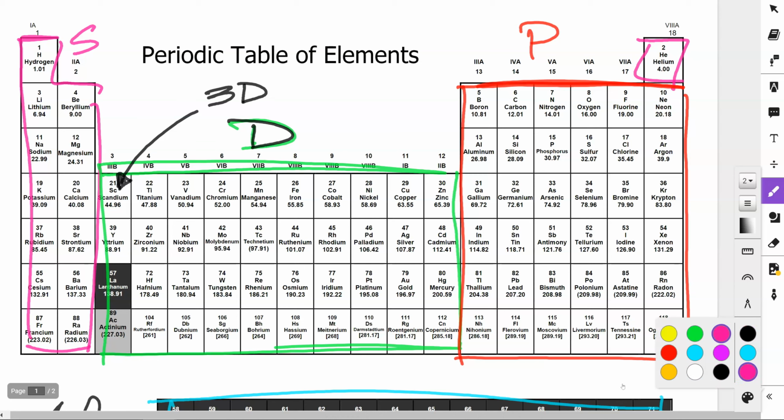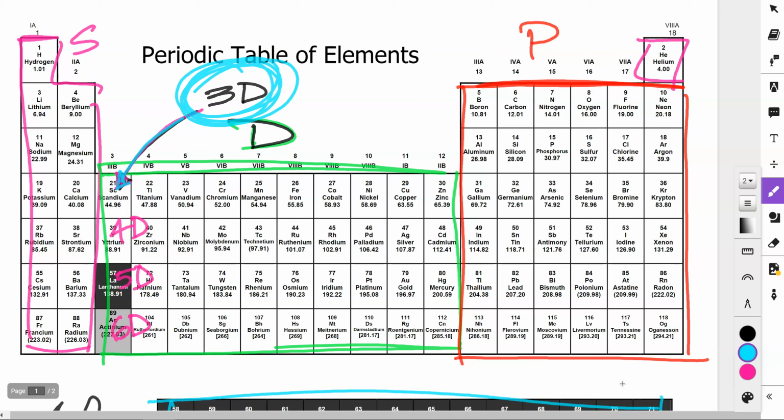The D block is going to be off by 1, and then the F block is off by 2. So this is also 4D, this is 5D, and this is 6D. So the D block is off by 1. But the main thing is to have scandium as 3D, and then you guys should be fine.